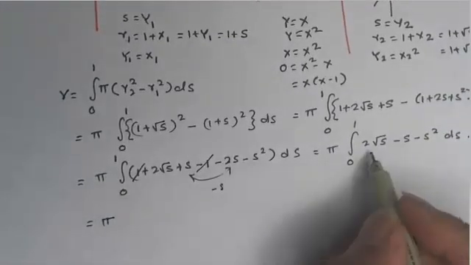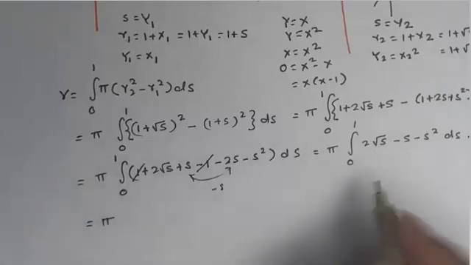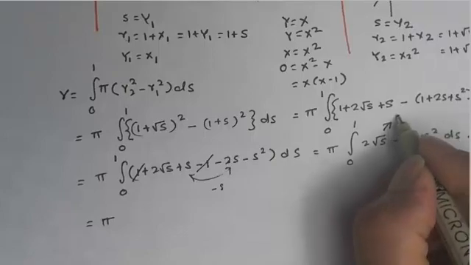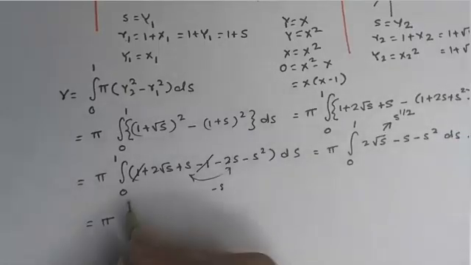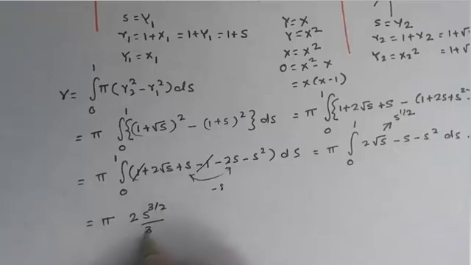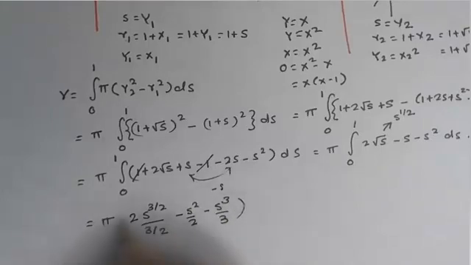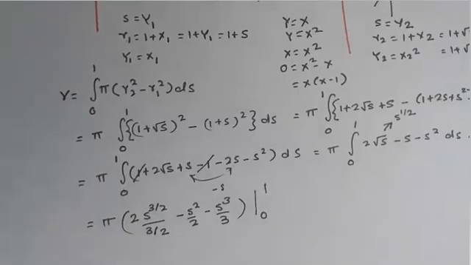And that integral is fairly straightforward. So again, remember, square root of S is S raised to the half, so that integral is 2 S raised to 3 over 2 over 3 over 2. This is minus S squared over 2 minus S cubed over 3, and that's it.